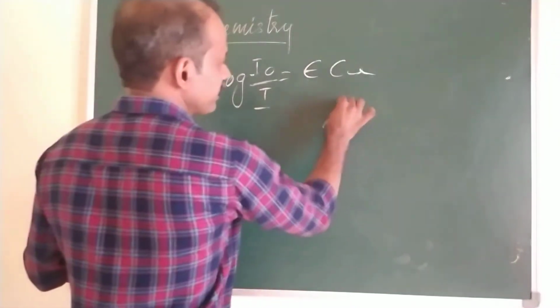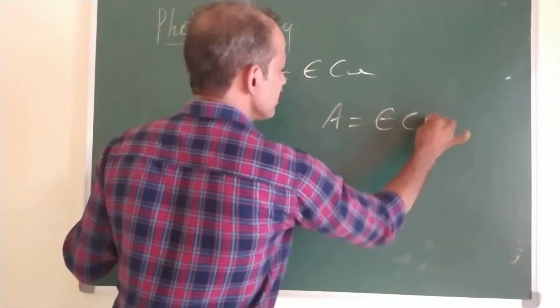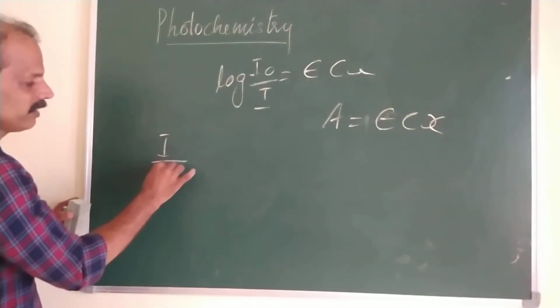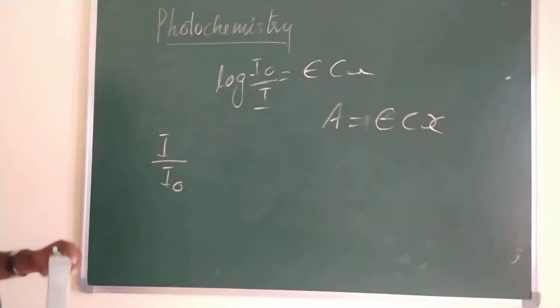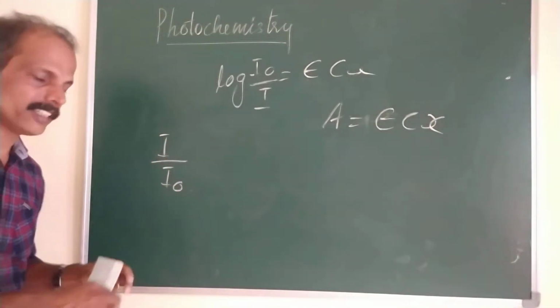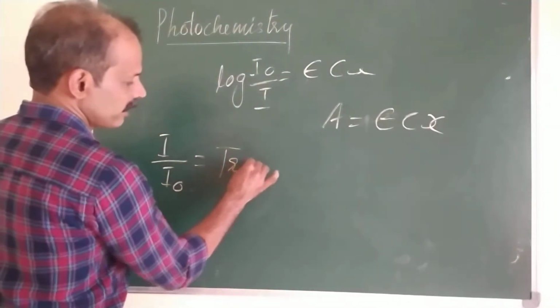Again, we wrote A is equal to epsilon into Cx. The ratio of the transmitted intensity to incident intensity is known as transmittance.